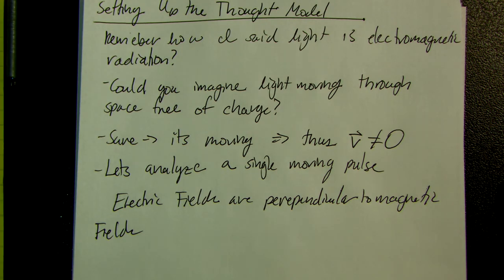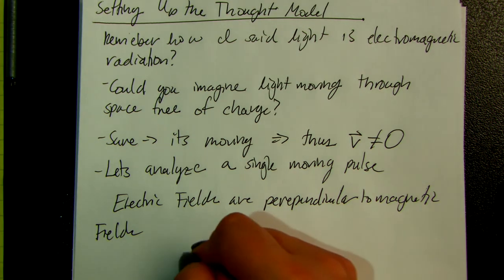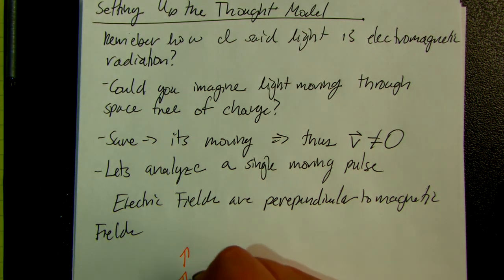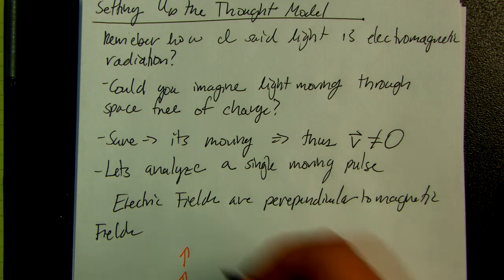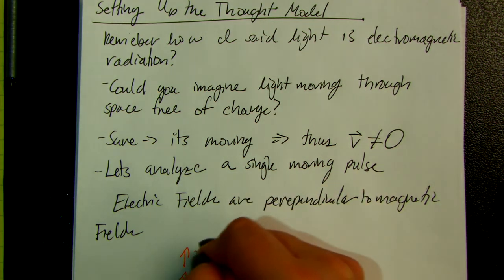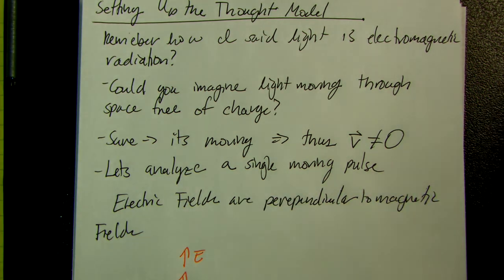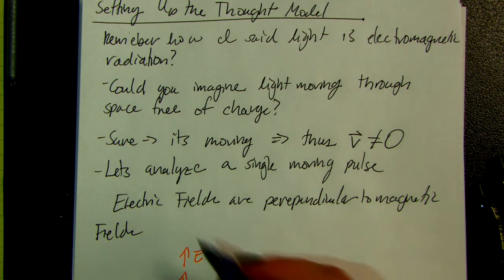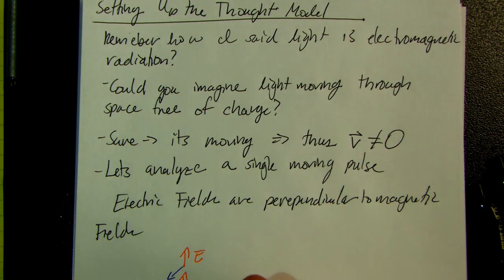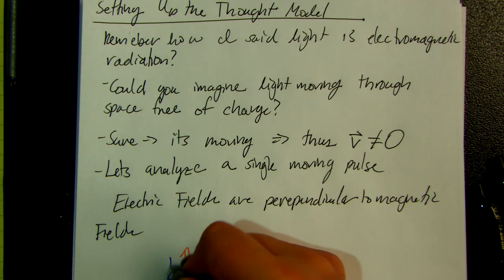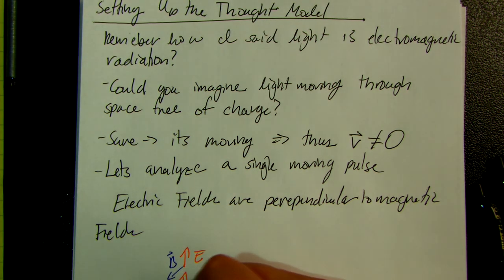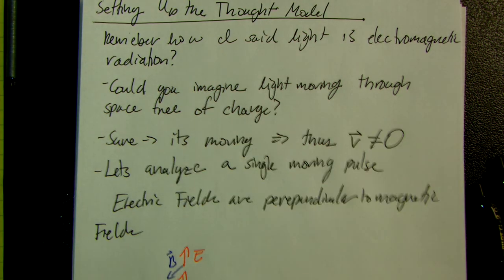So let's see, I want to use really different colors. Let's say these are the E fields, and I'll do E in orange. I almost asked you what color you'd like me to do for the fields and realized that you cannot answer me. And we'll do our B fields in blue.